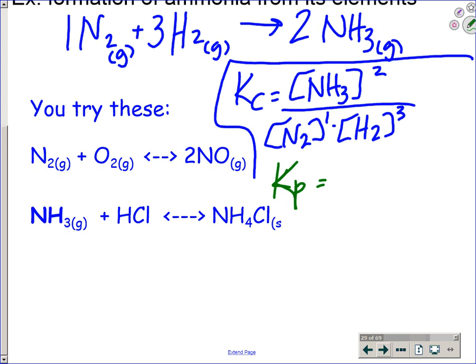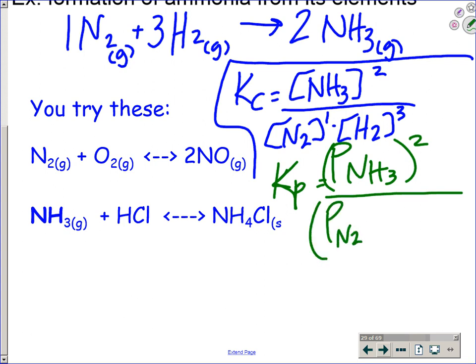I'm just rewriting this in terms of pressures, not concentrations. So partial pressure NH3, raised to the second power, because that's the coefficient of 2. Raised to the third power. Very good.